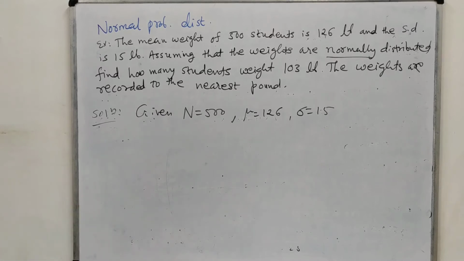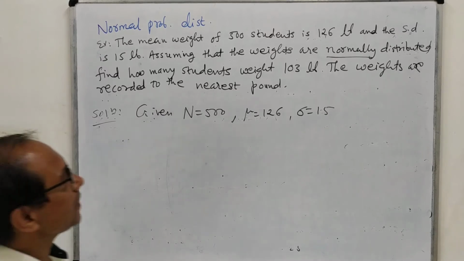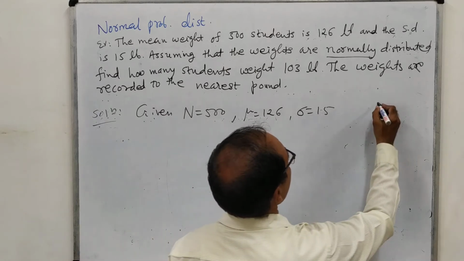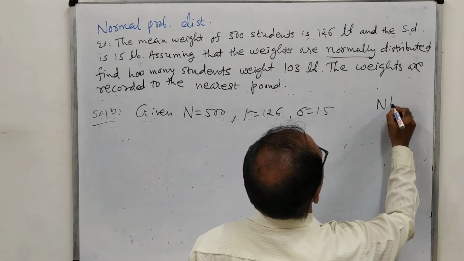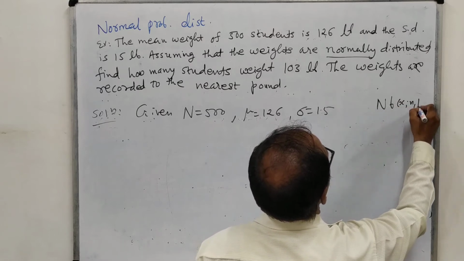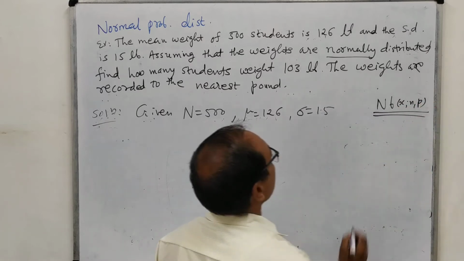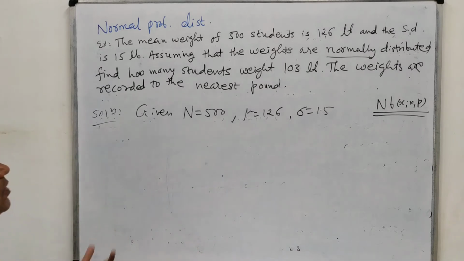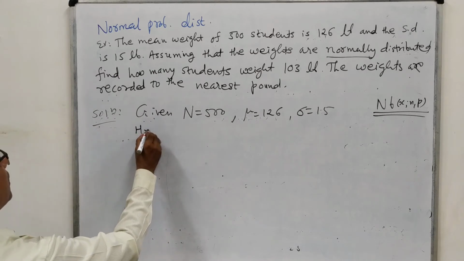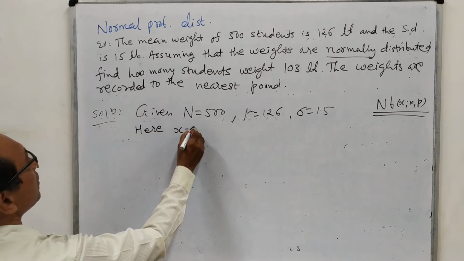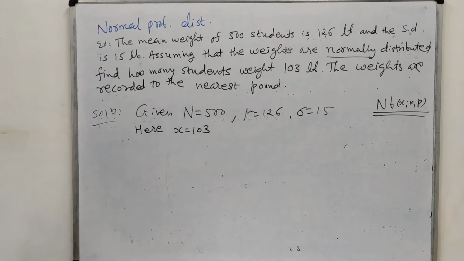Because if normal probability is there, then as we have seen in the examples of binomial distribution and Poisson distribution, we were multiplying n by p of x to know the number. So we will multiply this by the total number of students. So we will require to find out the probability. So here x equal to, not z, here x equal to 103.